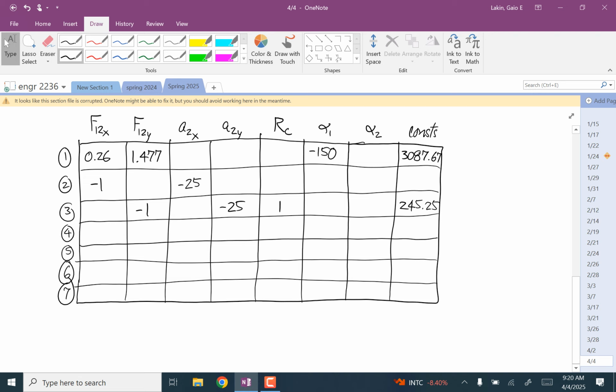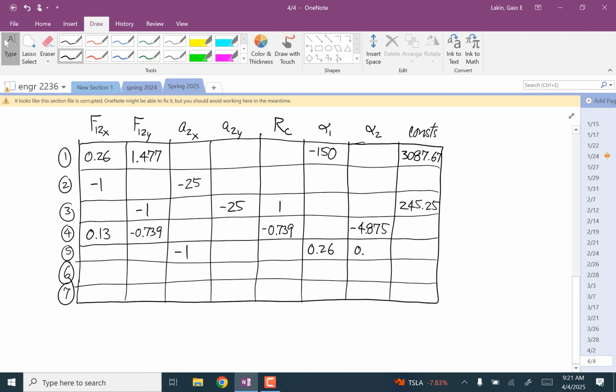Equation 4, F12X, we have 0.13. F12Y, we have negative 0.739. RC's, we have negative 0.739. Alpha 2's, we have negative 4.875. Equation 5, A2X's, we have negative 1. Alpha 1, we have 0.26.